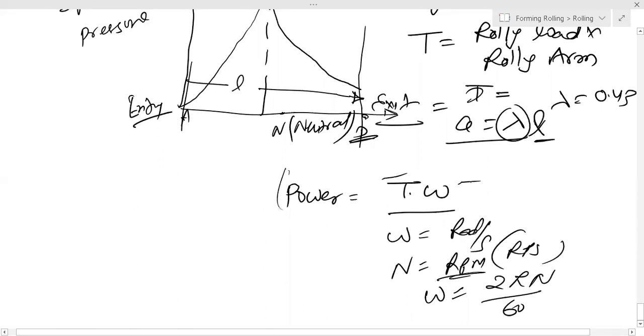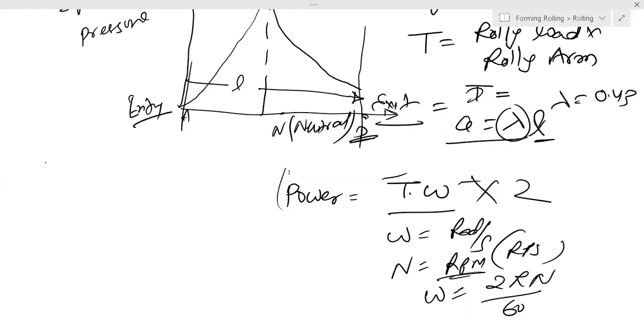But I said power will be for 2 rolls, so you have to multiply by 2. Up to this, everybody understood? Roll specific pressure, torque, distribution of pressure is very simple because they all are empirical relations.